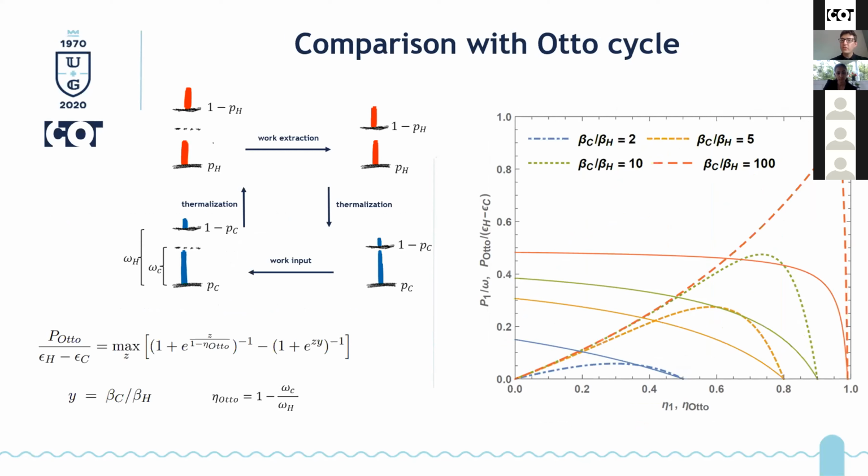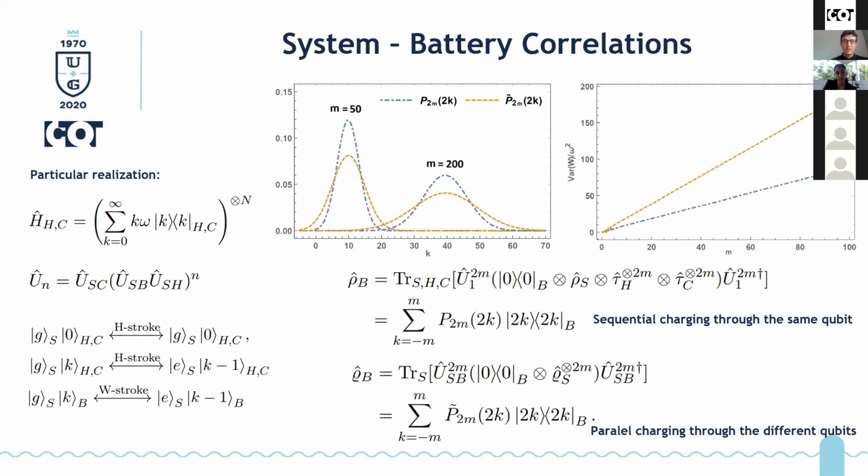We also compare with the Otto cycle, and we identify the operational regimes in which this engine actually has enough quantum properties to outperform the classical Otto cycle that does not have quantum features.